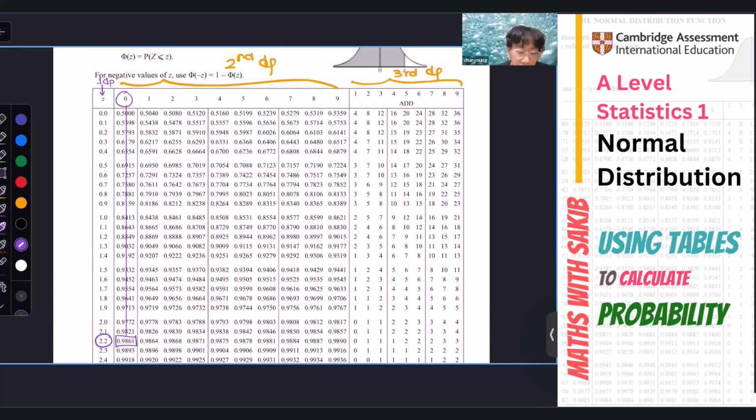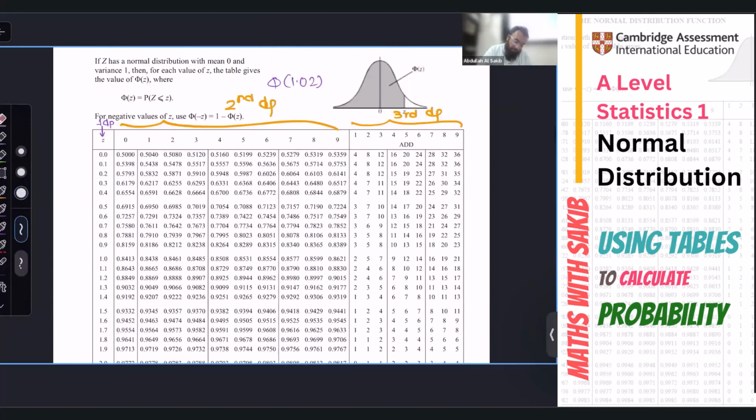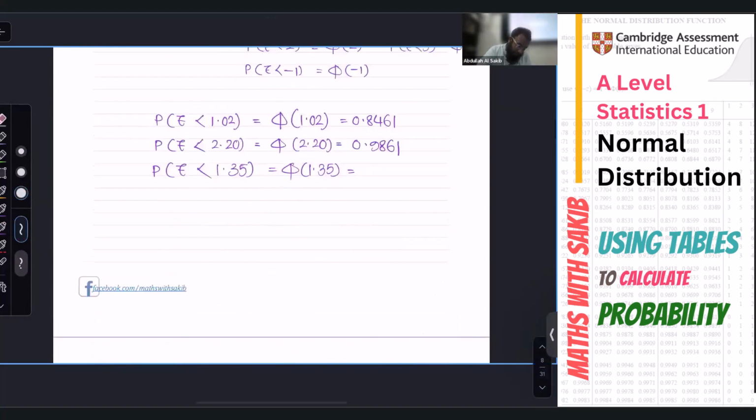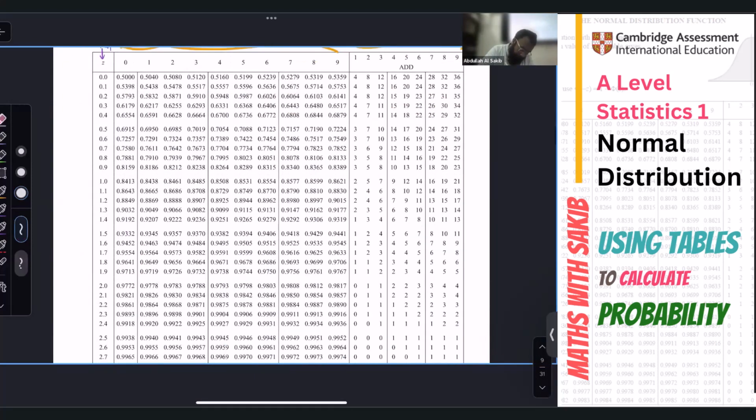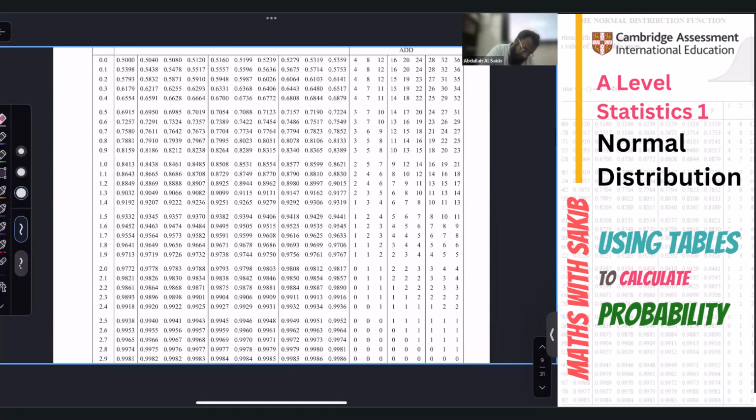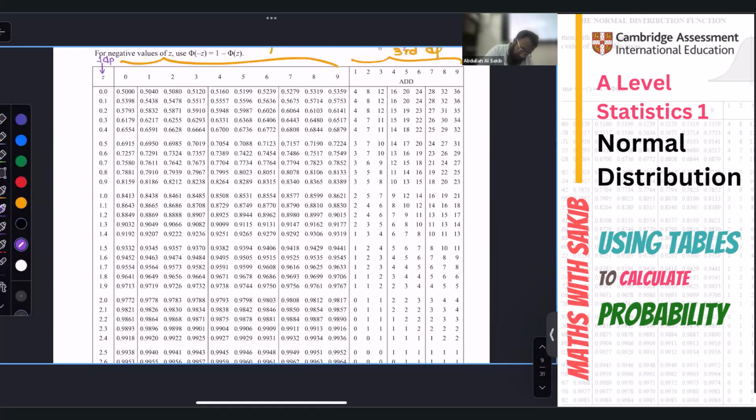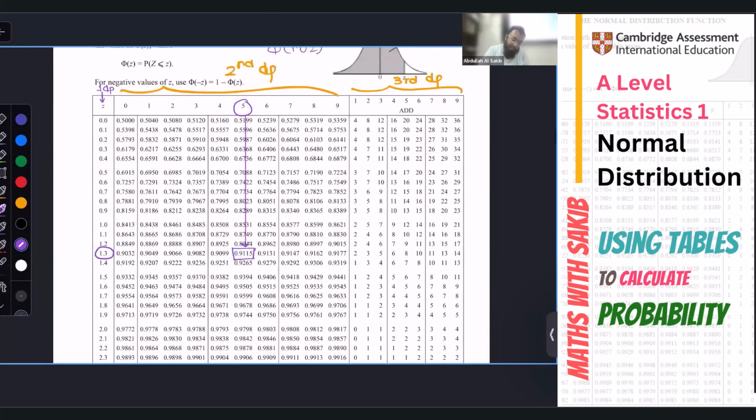Yes, sir. So what's the value? 0.9115. Yes. So we are trying to find the probability of 1.35. So first I will go to 1.3 and this is 5. So 0.9115, isn't it? So the probability is 0.9115.